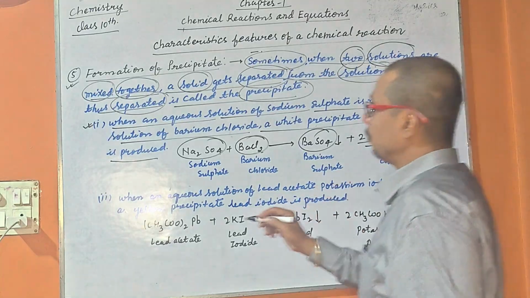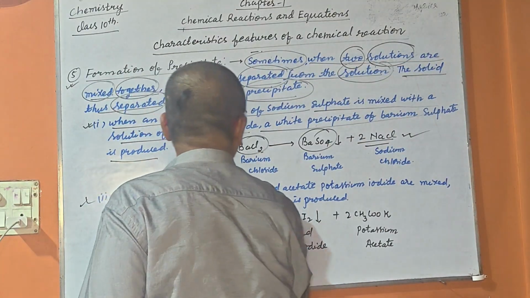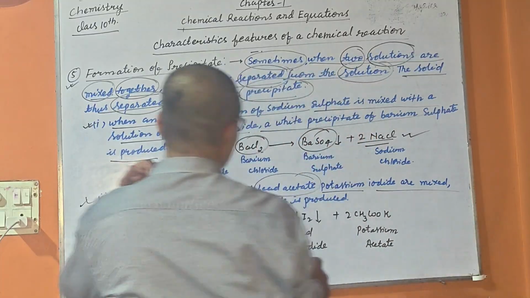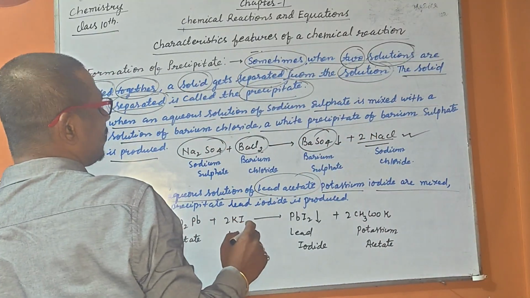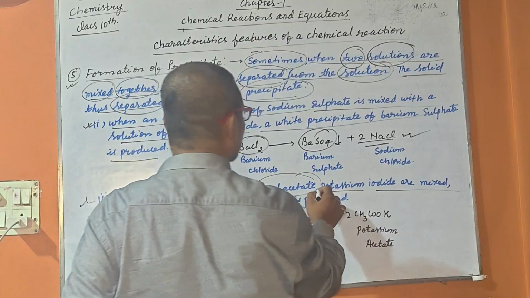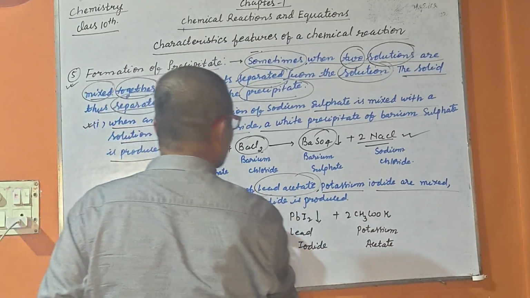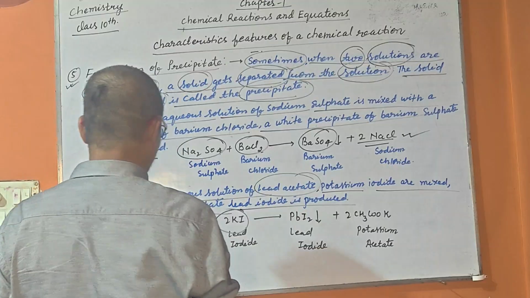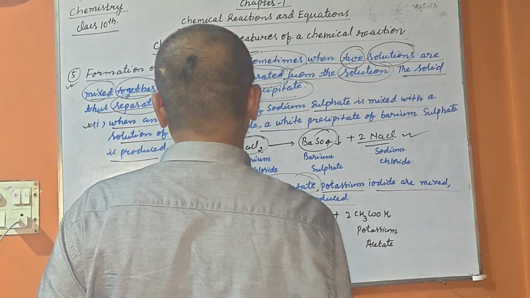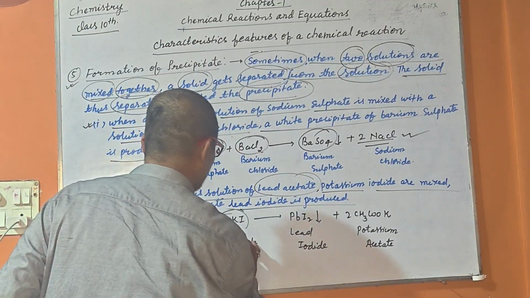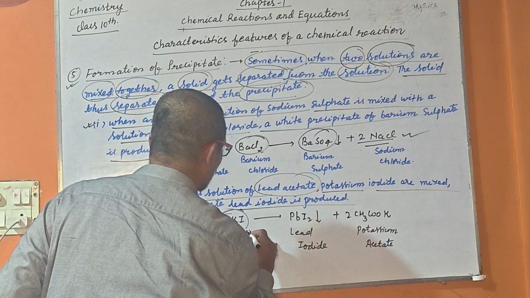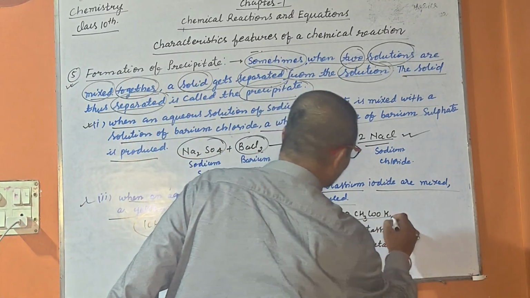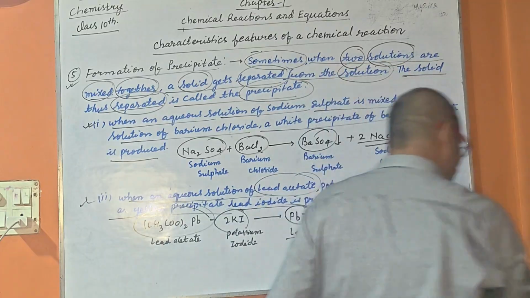When an aqueous solution of lead acetate and potassium iodide are mixed together, a yellow precipitate of lead iodide is produced. A precipitate of lead iodide is formed and potassium acetate is formed as a residue.